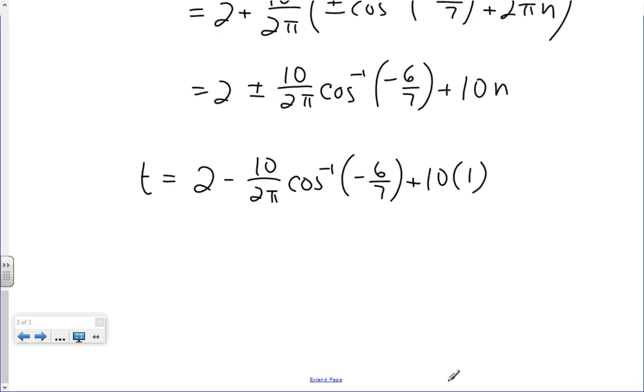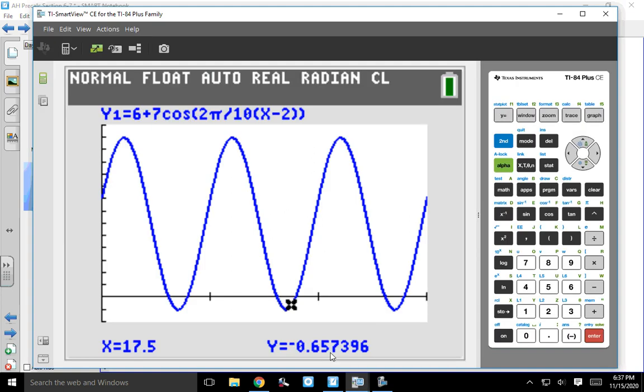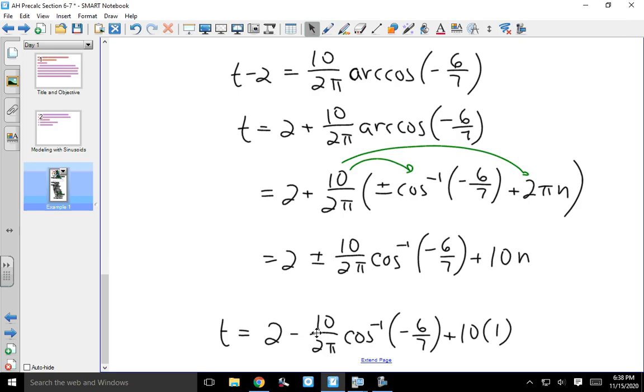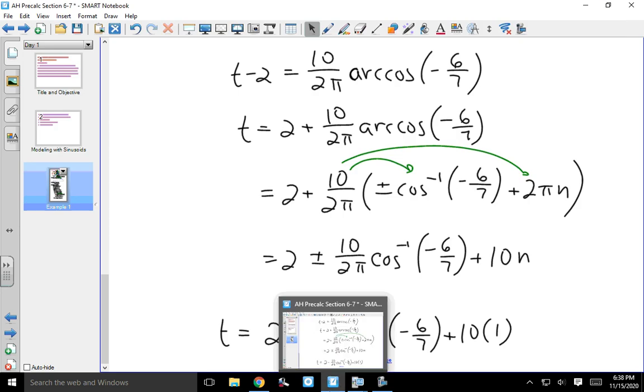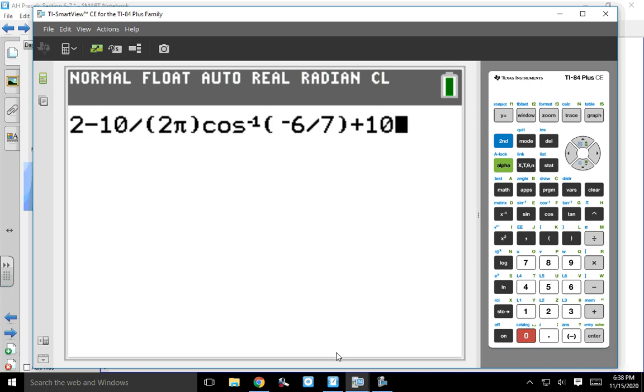So let's grab our calculator and see what we end up with. It's 2 minus 10 divided by 2 pi, and again, make sure your 2 pi is in parentheses. Cosine inverse of a negative 6 over 7 plus 10n, and n in this case is going to be 1, we said.